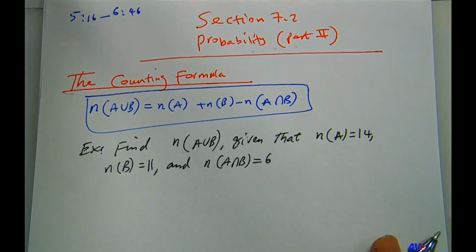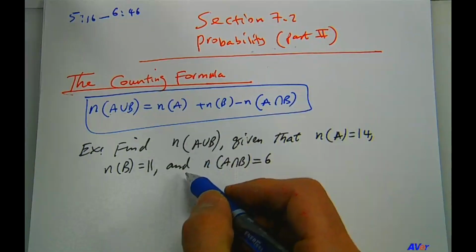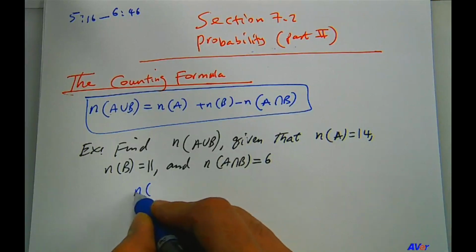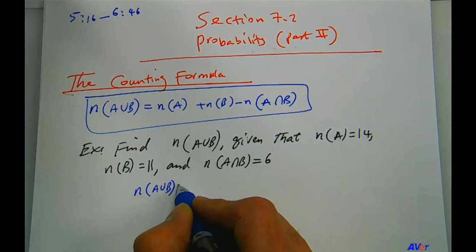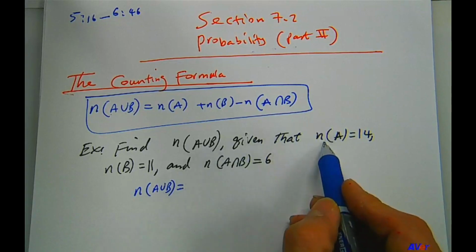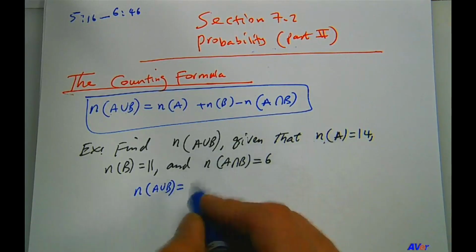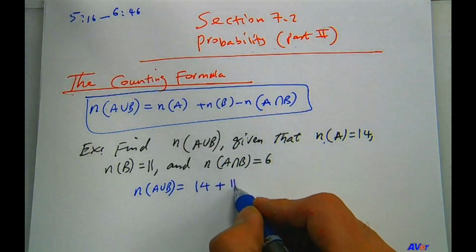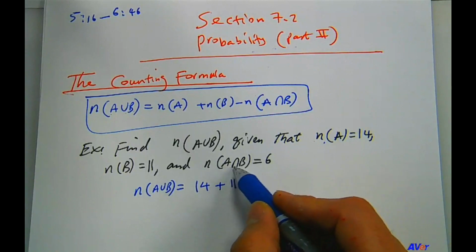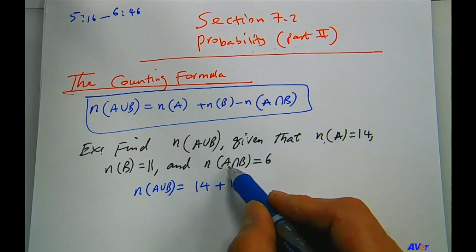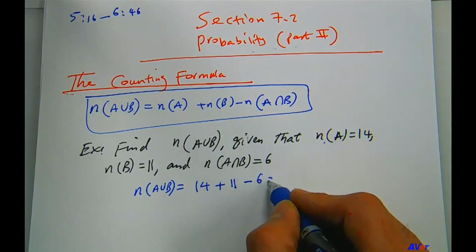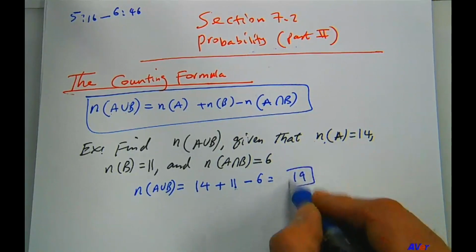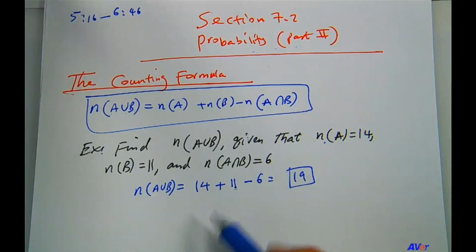This is just an example to warm up to what this formula can do. So the count of elements in A union B is equal to the number of elements in A, which is 14, plus the count of elements in set B, which is 11, minus the count of elements that are common to both sets A and B, so minus 6. So here we have 25 minus 6, or 19 in A union B.